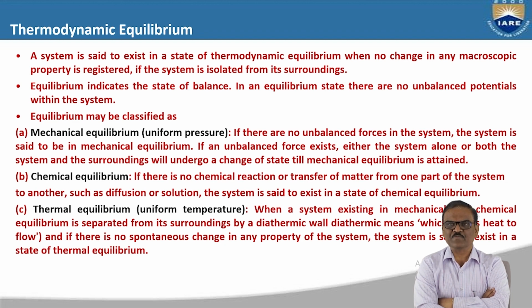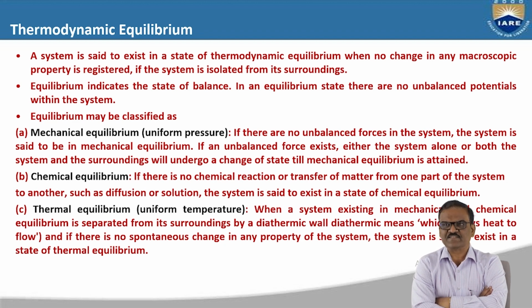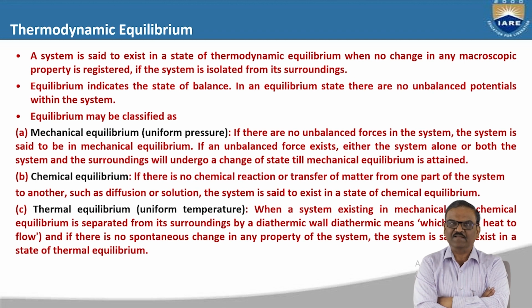If an unbalanced force exists, either the system alone or both the system and surroundings will undergo a change of state till mechanical equilibrium is attained. It means in a thermodynamic system there is no pressure variation. Then we can call it mechanical equilibrium.